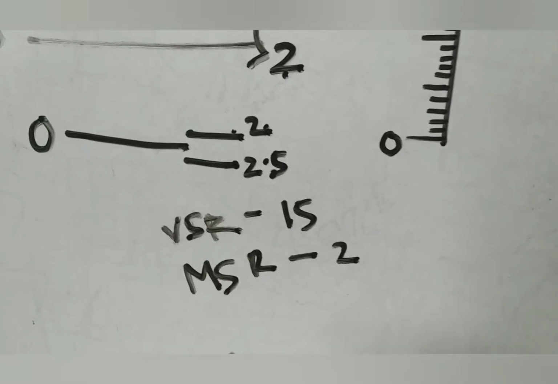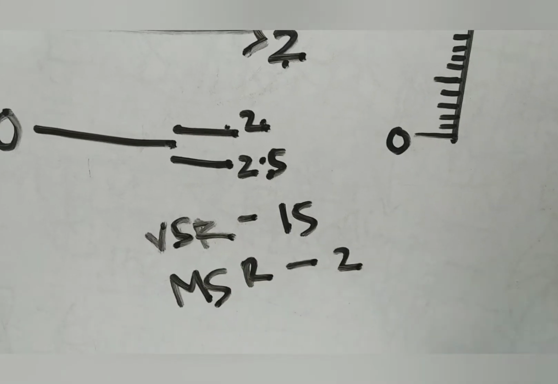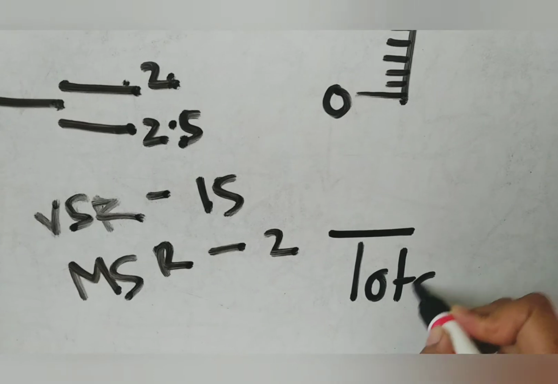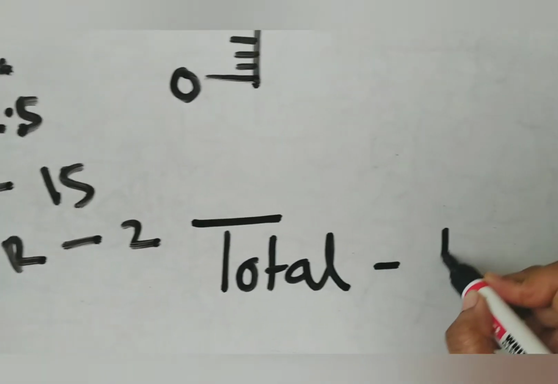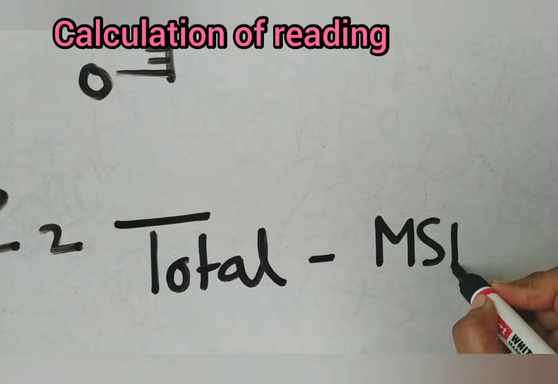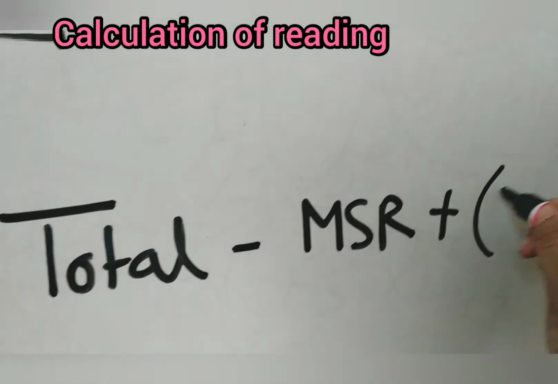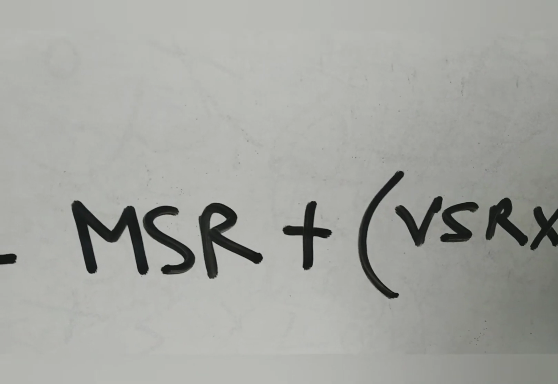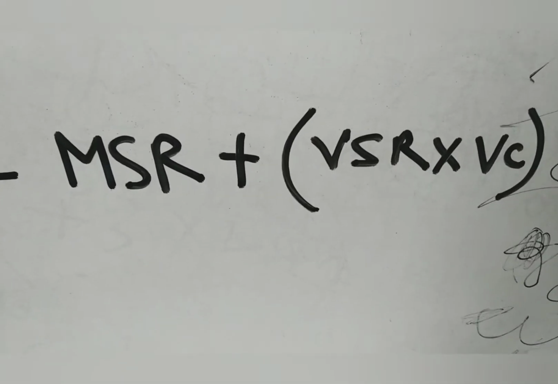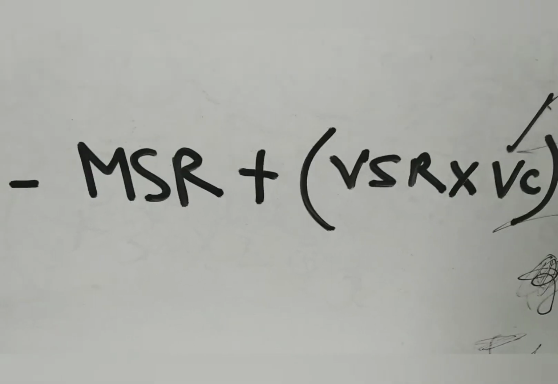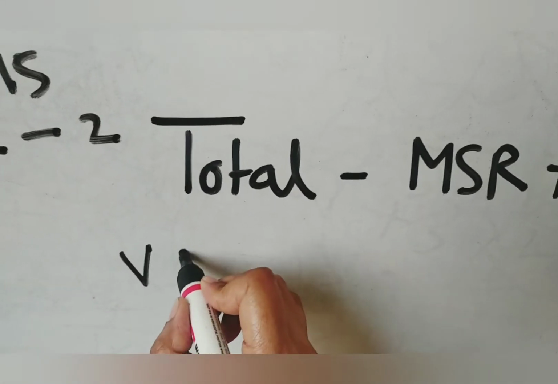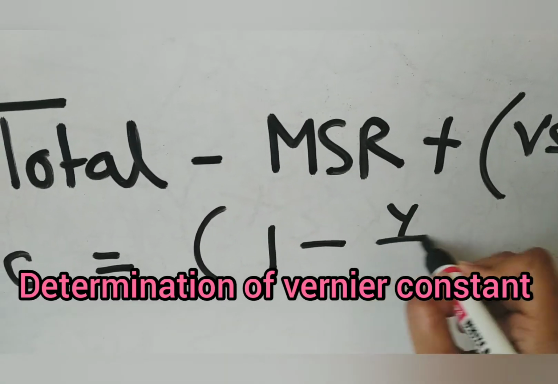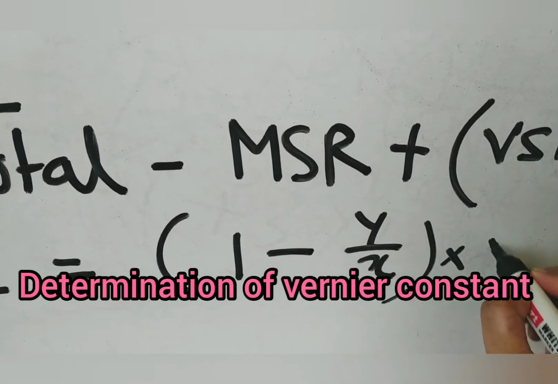After taking the main scale reading and Vernier scale reading, we have to calculate the total reading. Total reading is the main scale reading plus the Vernier scale reading times the Vernier constant. So what is the Vernier constant? Vernier constant equals (1 minus y by x) into small n.